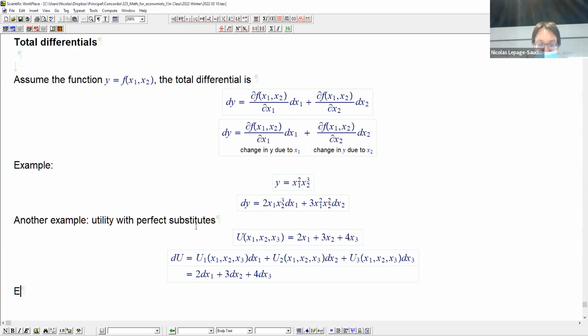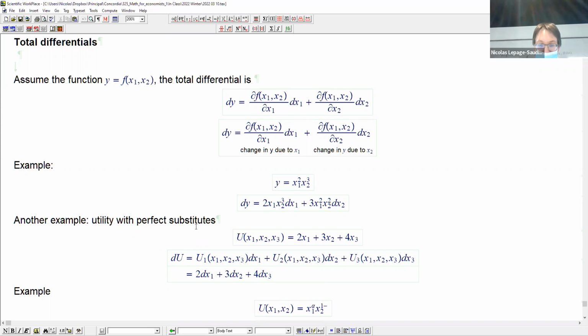Another example. Maybe I can just leave it to you to do it. So u of x1 equals to, let's have a Cobb-Douglas like we're used to.